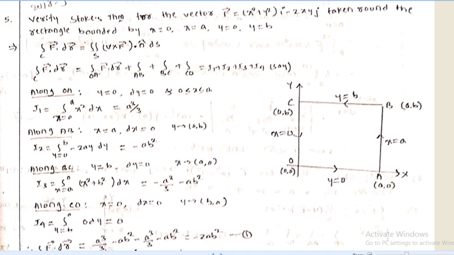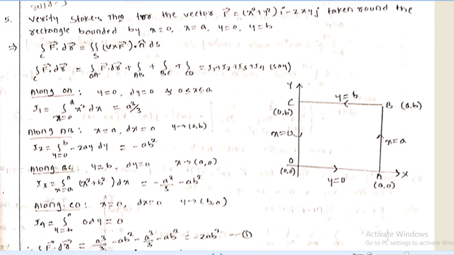So first one, along the curve OA. When we move from O to A, here y = 0 and the differential of y is dy, so dy is also equal to 0. O to A is on the x axis, so x varies from 0 to a.